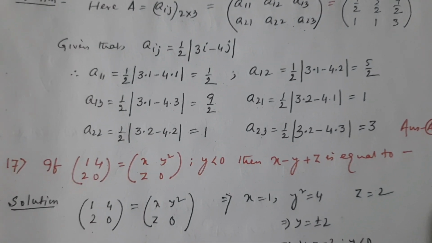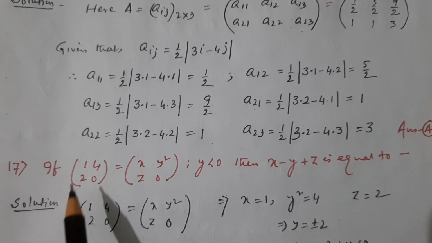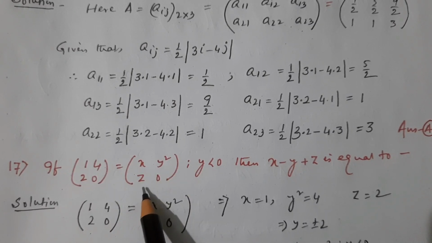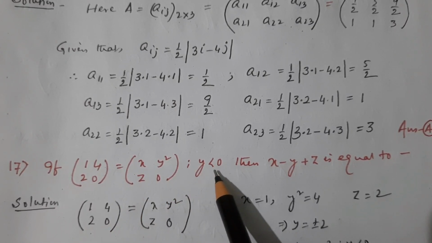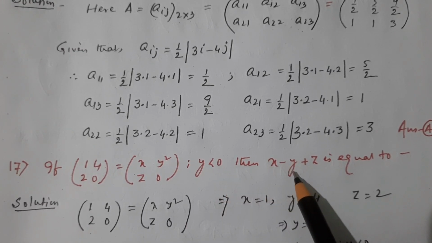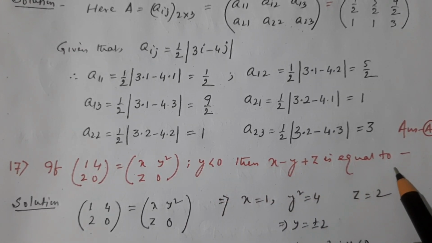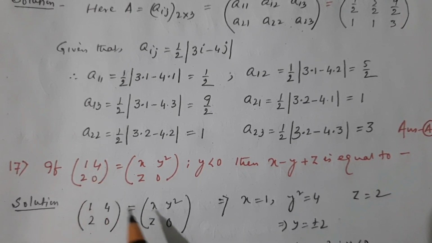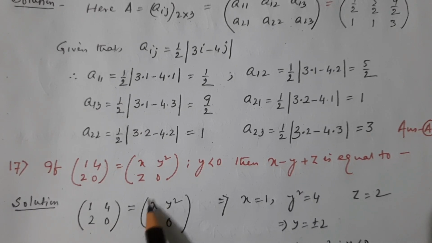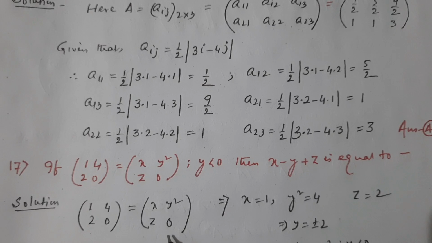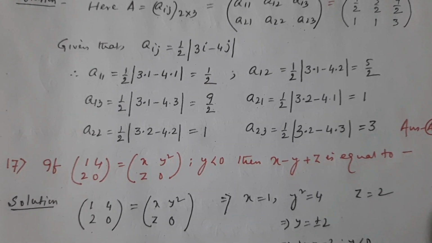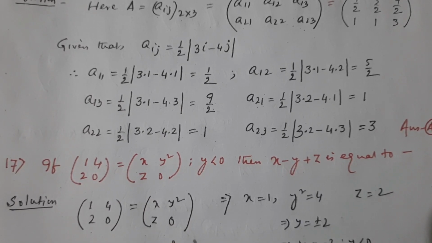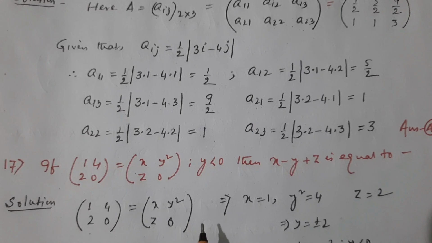Next question. If the matrix [1 4; 2 0] equals the matrix [x y square; z 0], where y is less than 0, then x minus y plus z is equal to what? Since the two matrices are equal, we apply the property of equality of matrices. Theoretically, when two matrices are equal, the corresponding elements must be equal.